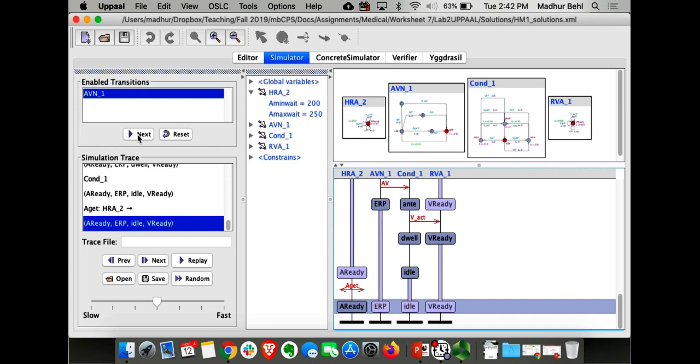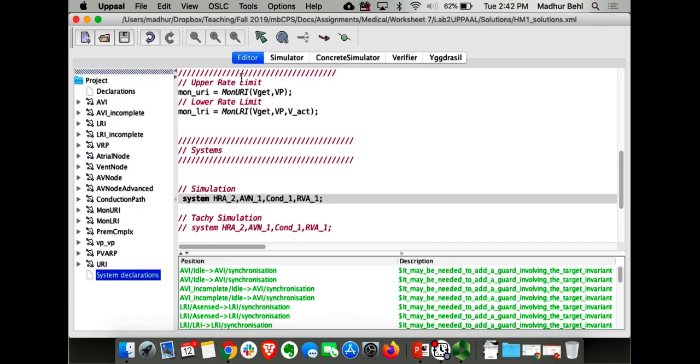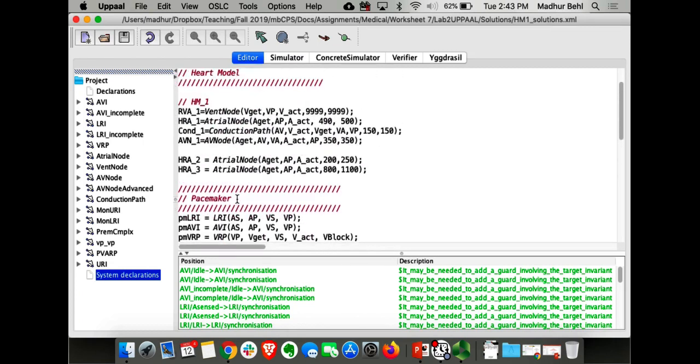So the moral of the story is, all I did was create another instance of the atria which was initialized with some tachycardia-like parameters. So let's do the opposite of that. Can someone tell me what this atria would correspond to?